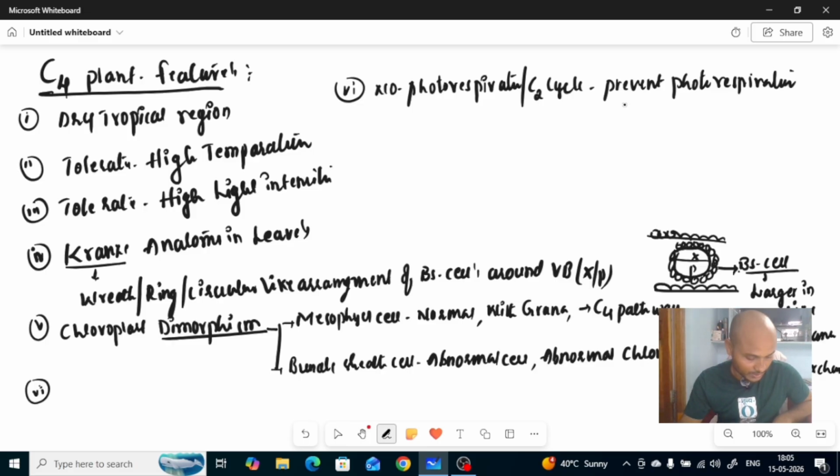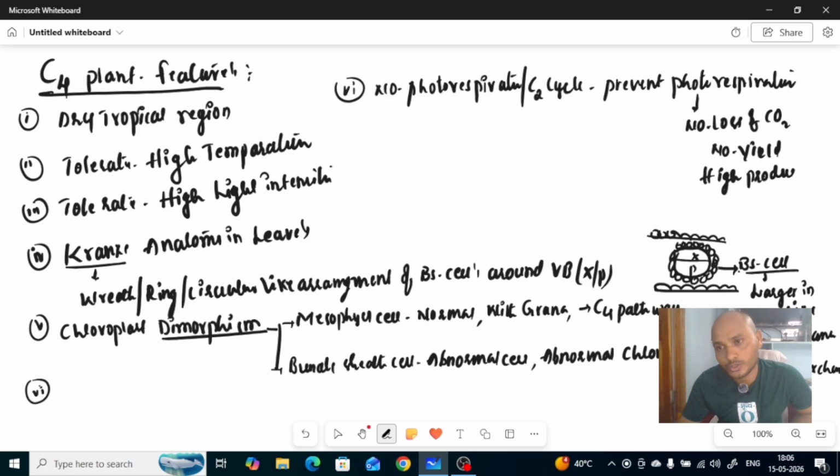So it prevents photorespiration, and hence there is no loss of carbon dioxide. Due to prevention of photorespiration by C4 plants, no loss of carbon dioxide occurs, and no yield is lost, so these C4 plants obtain high productivity. By preventing loss of carbon dioxide, we can get more yield and high productivity.